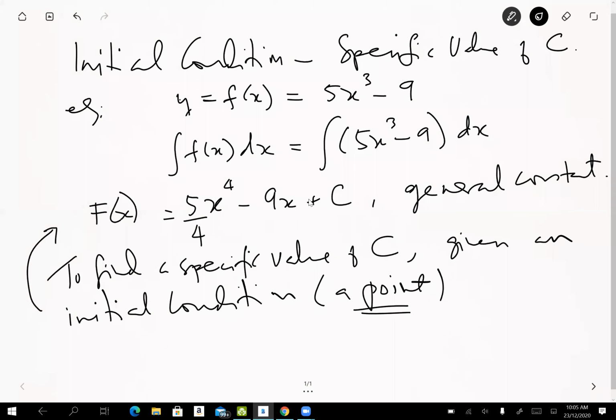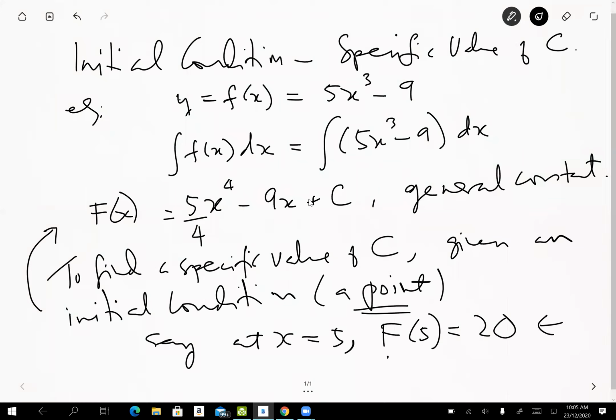Let's say at x equal to 5, f of 5 is equal to 20. So that is an initial condition. So you are given a point, 5, 20.